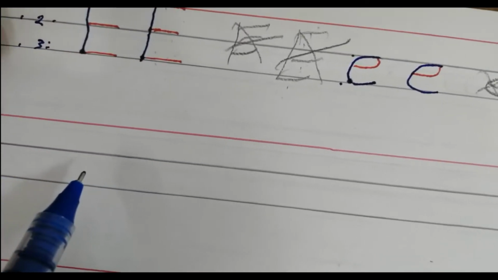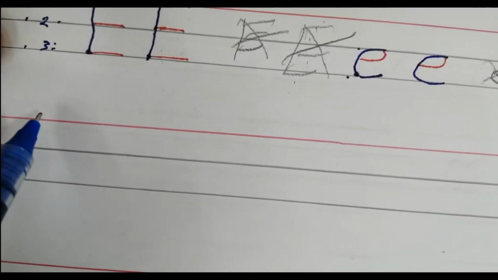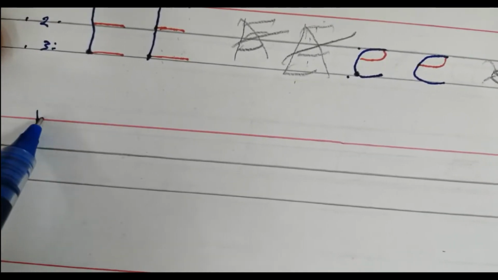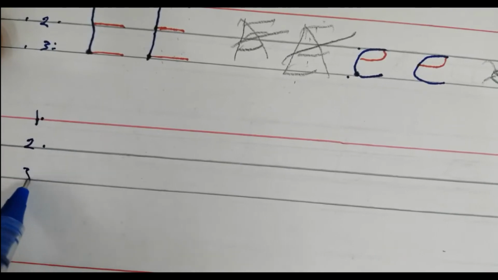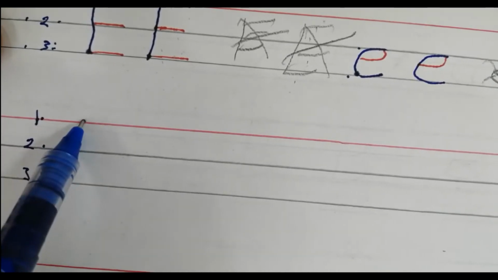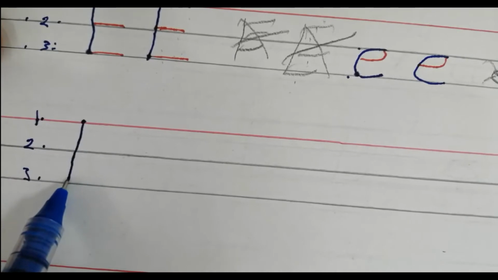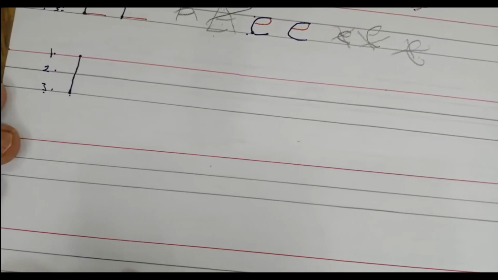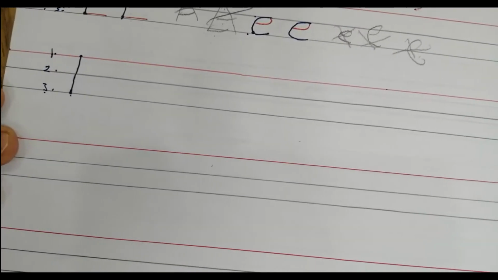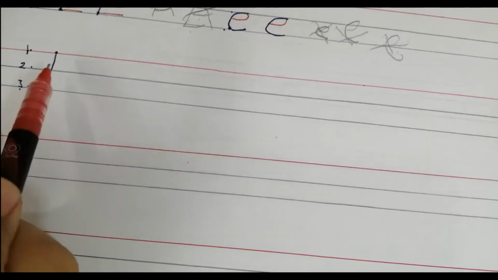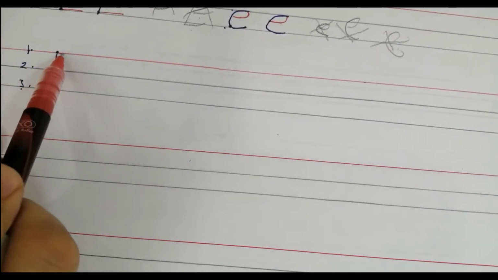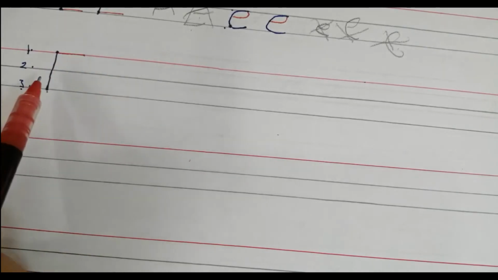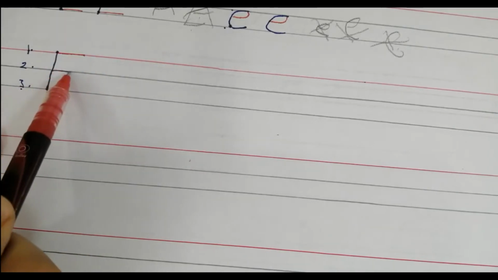Now the next letter is F, line 1, line 2, line 3. F's falling line from line number 1 to line number 3. Then we have a sleeping line on line number 1, and another one, line number 2.